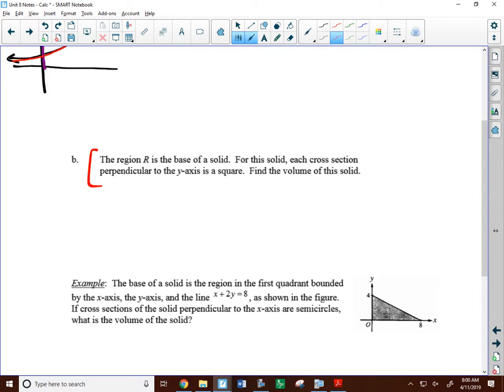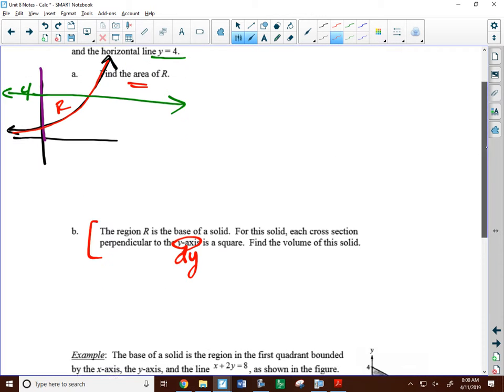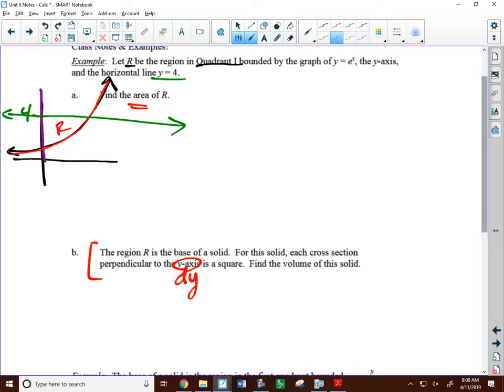Down here, though, we're going to be doing cross sections perpendicular to the y-axis, a dy question. So up here, I'm going to do a dy problem, just so I can keep it the same. I'll show you both. It's fine. So I'm going to do a dy. So I need to do right minus left.